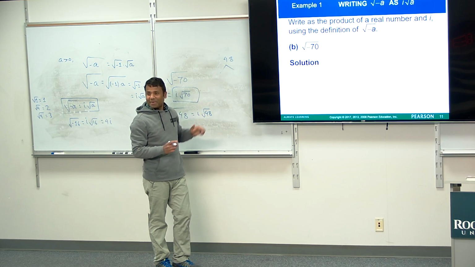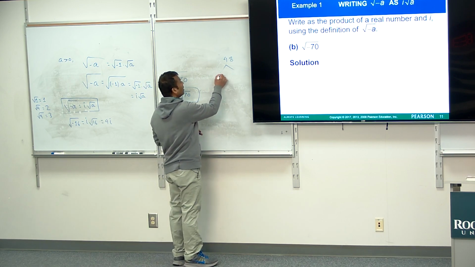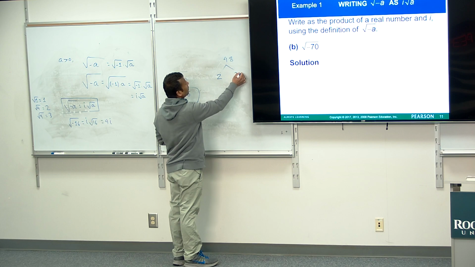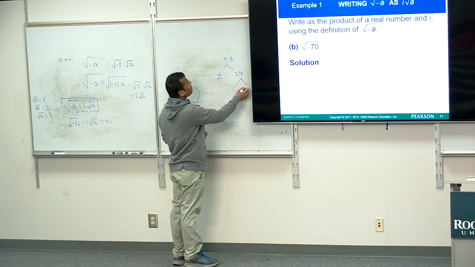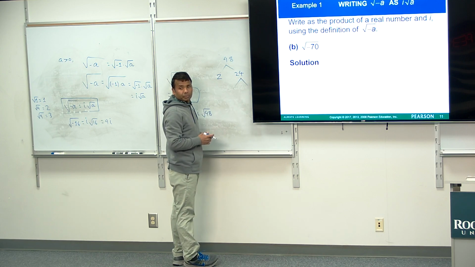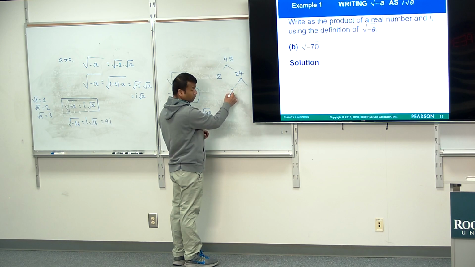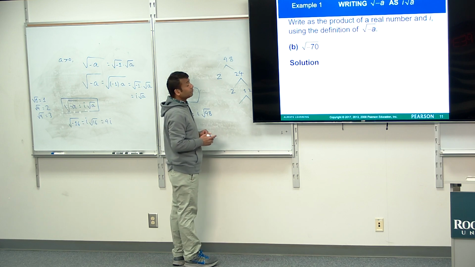4 is not a prime. Yeah, 2. And then this is 24, is that right? 2 times 24 is 48, right? What is the least prime number that divides 24? 2. What is the least prime number that divides 12? 2.